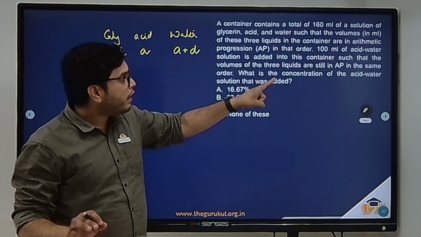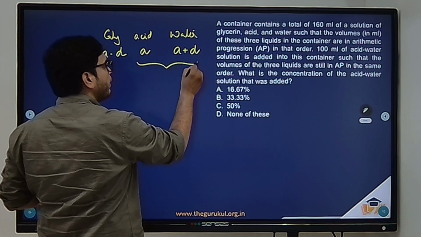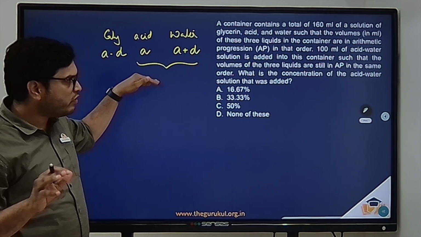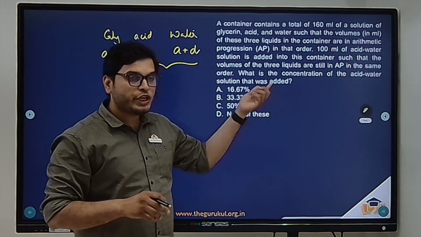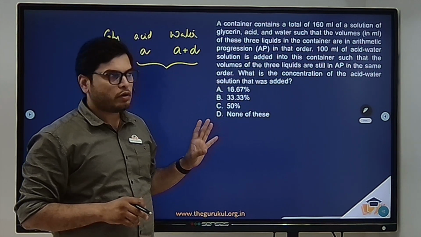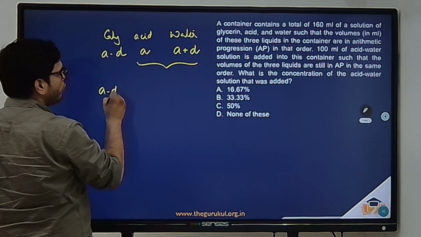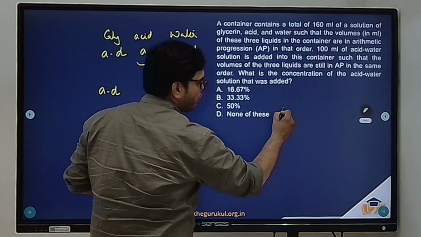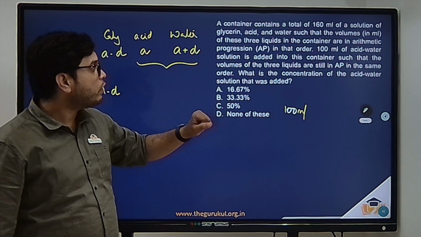Next, 100 ml of acid water solution is added to this container such that the volumes of these liquids are still in arithmetic progression in the same order, right? So there will not be any change in the volume of glycerin. So we have 100 ml of a solution of acid and water being added.